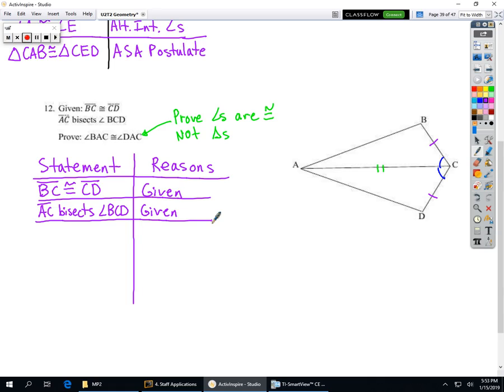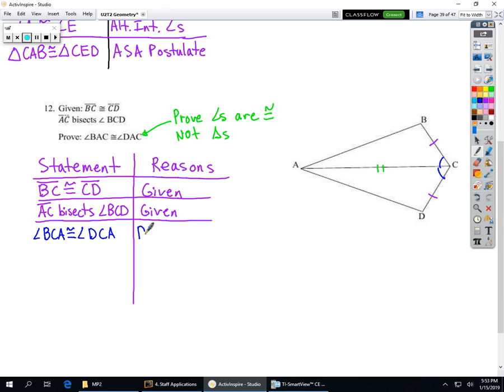Let's take a look at what we did. Well, we said that since it bisects the angle, it cuts these two in half. That's because it was a bisector. So it's the definition of angle bisector. So let's call this angle BCA is congruent to angle DCA.